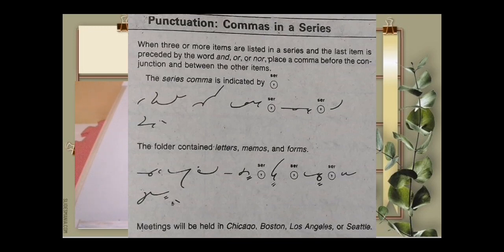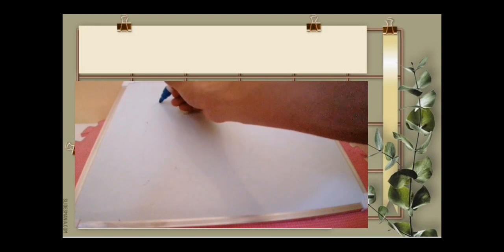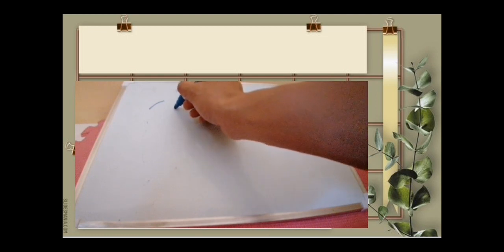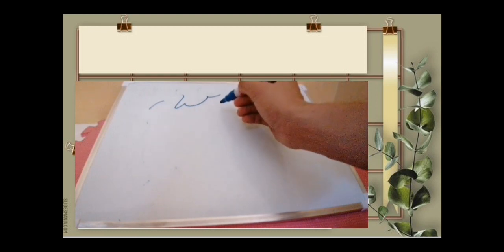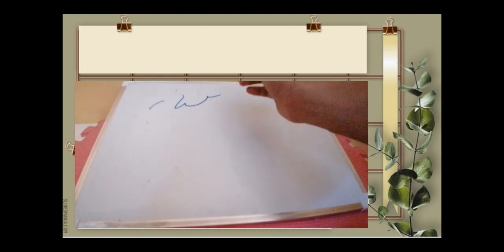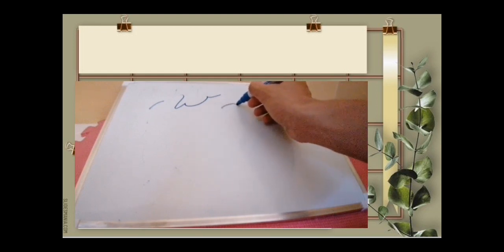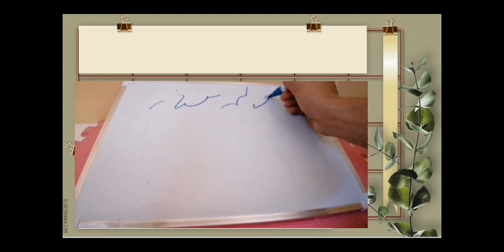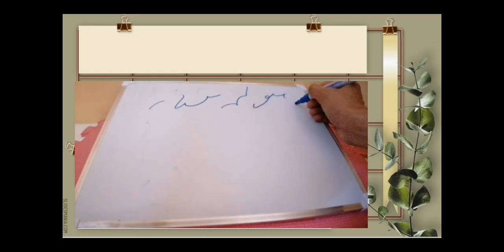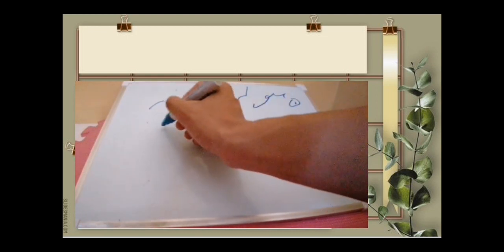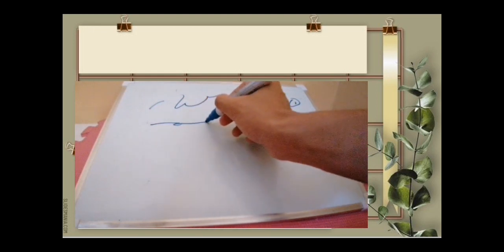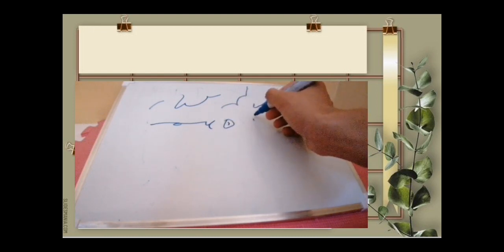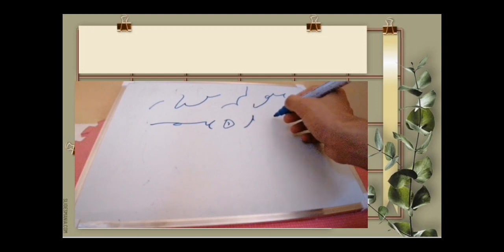We have an example here: the folder will contain letters, comma, memos, comma, and forms.